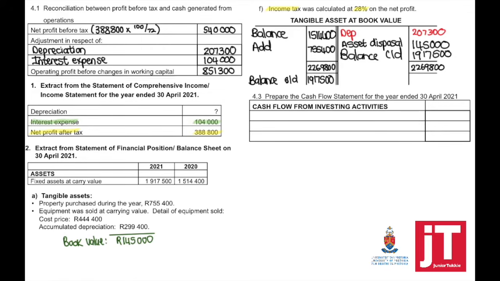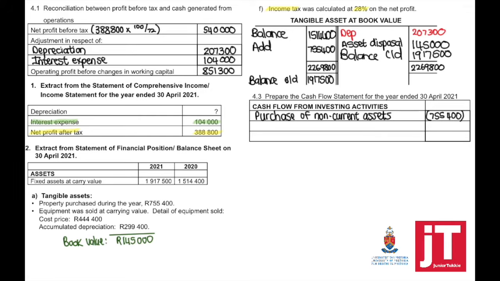If I look at additions and disposal, that must appear in my investing activity. Investing activity means we've got money available. What is our option? One option, we can invest in buying additional non-current assets like property, equipment, and vehicles.